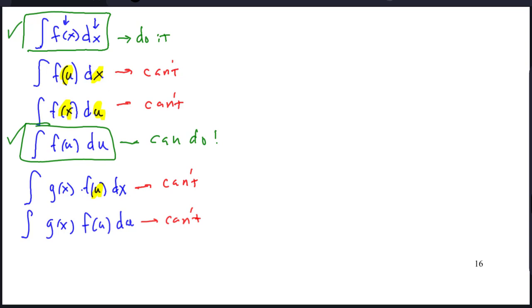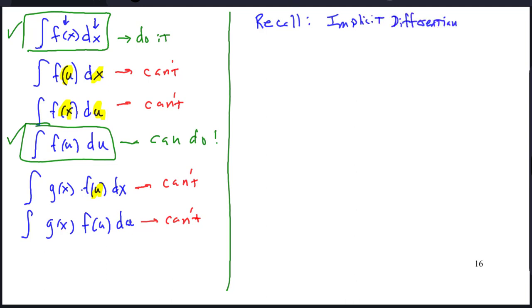Here is another insight that we need to talk about, and that is a reminder of implicit differentiation. Now, we used implicit differentiation a long time ago when we were dealing with equations that had more than one variable.